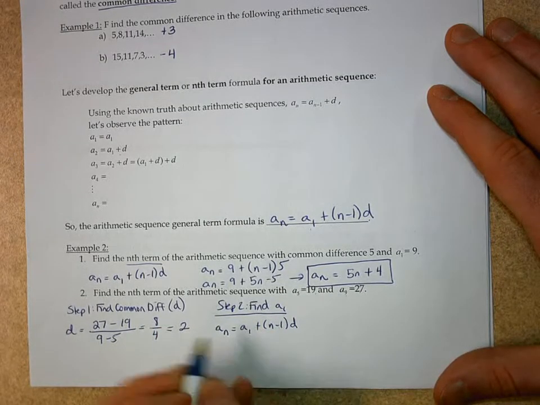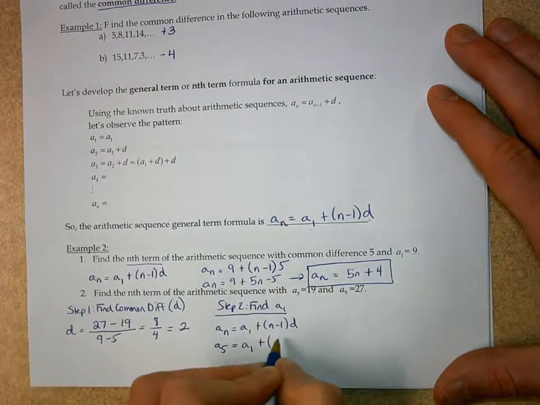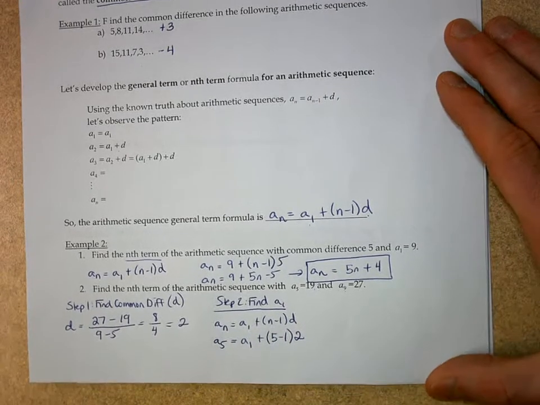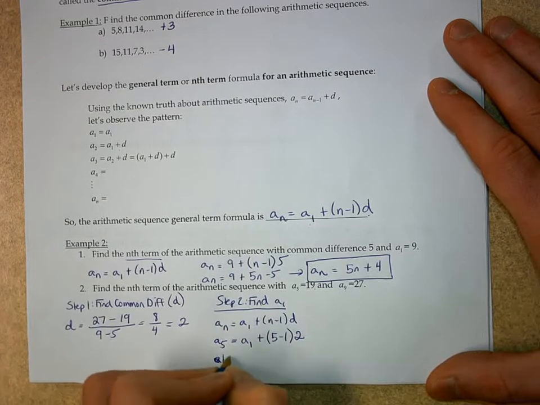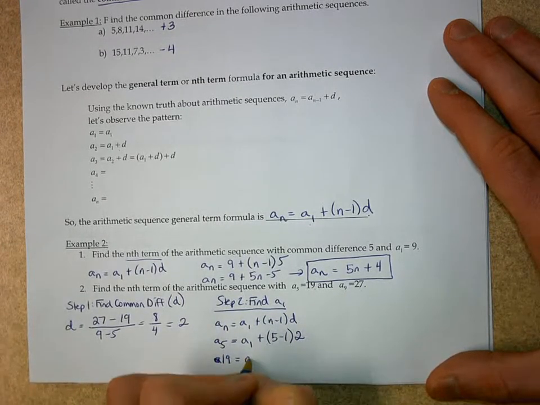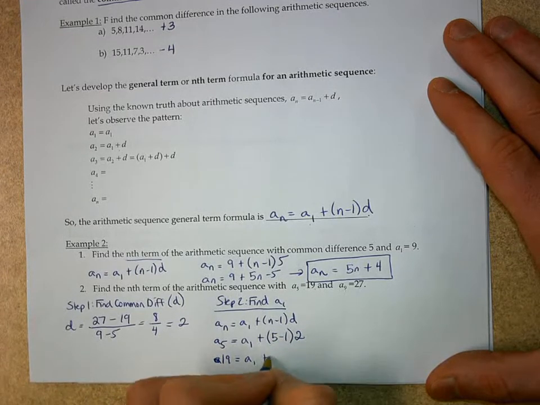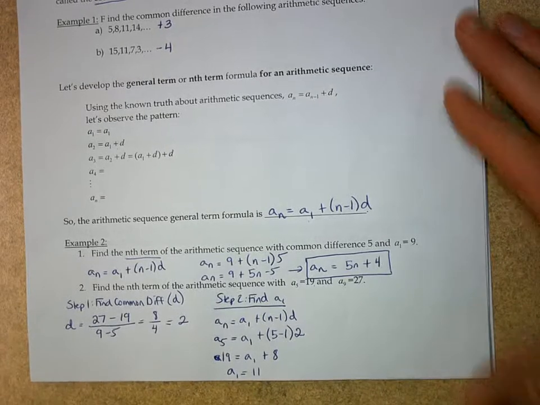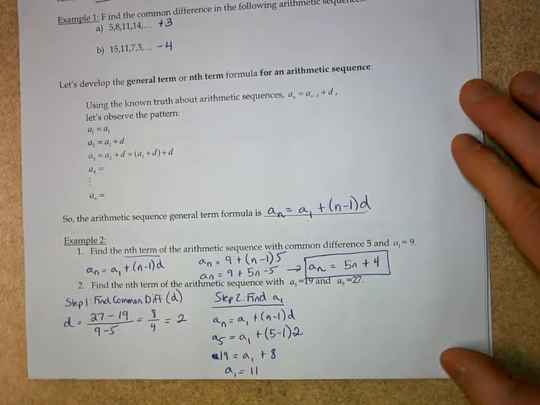I'm going to use a sub 5, which means n is going to be 5, and we know our common difference is 2. Here, a sub 5 we know is 19. A sub 1 plus 5 minus 1 is 4, times 2 is 8. So then a sub 1 is equal to 11.